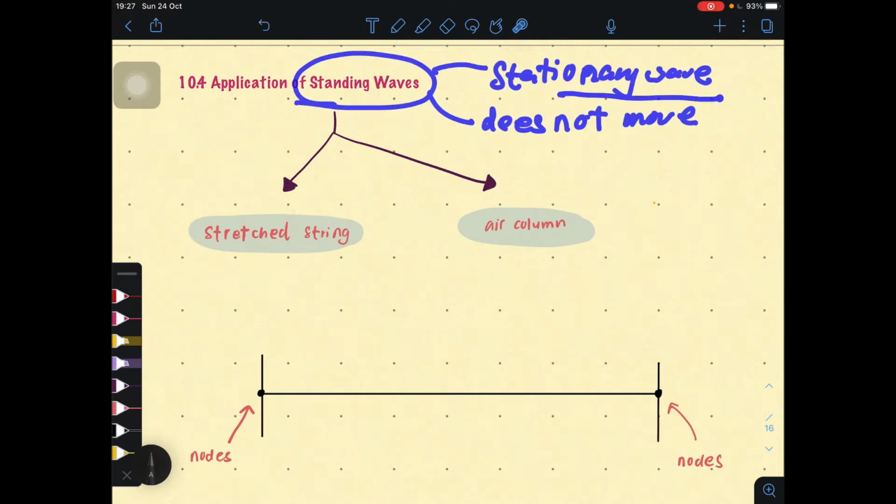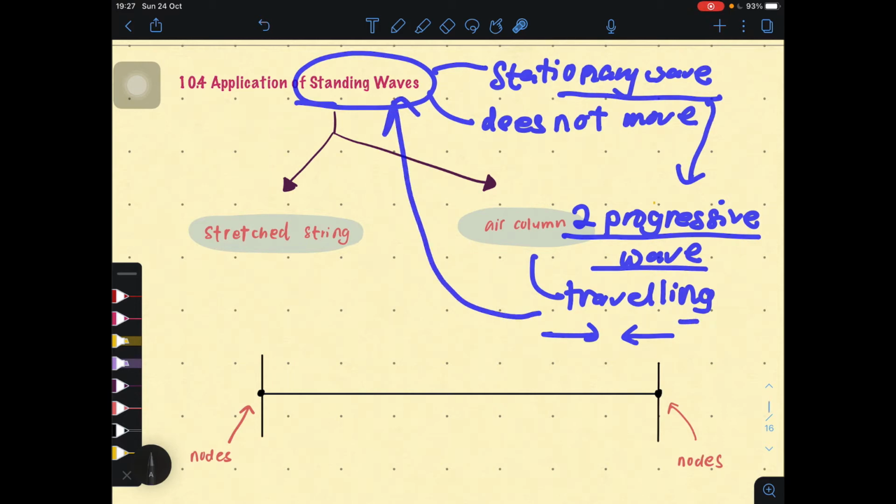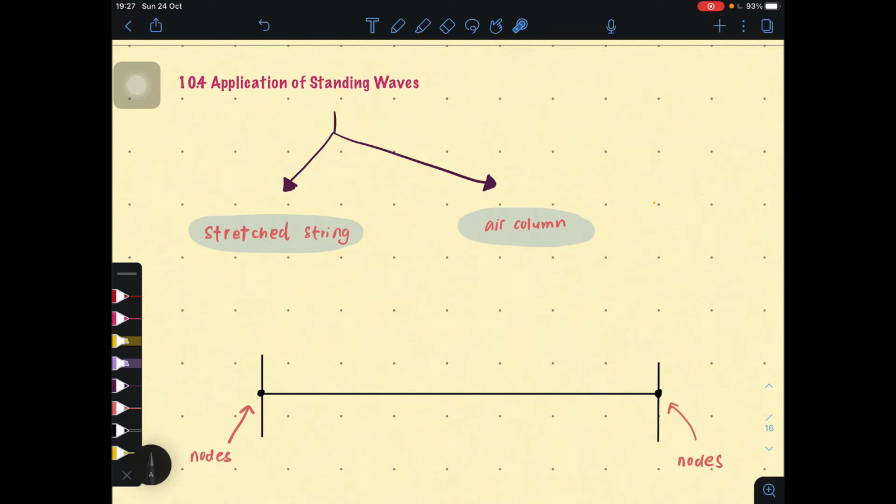This wave is produced when there are two progressive waves that are traveling towards each other, or in opposite directions. So apabila ada two progressive waves traveling towards each other, it will form a standing wave. The applications of standing waves, we can see them in stretched string and air column.